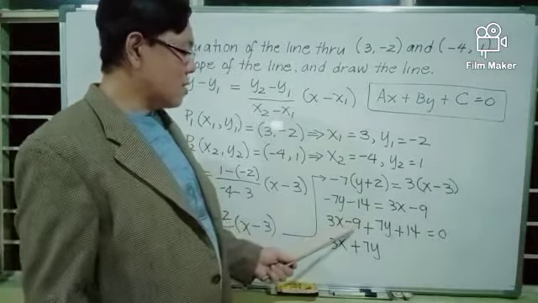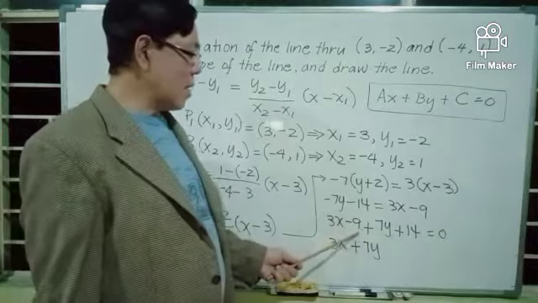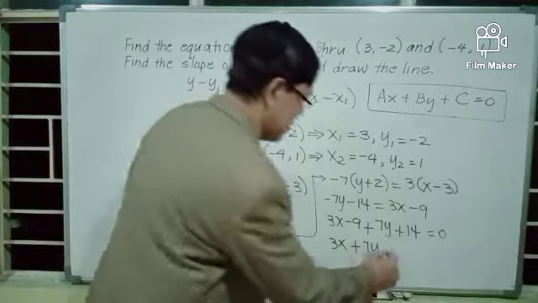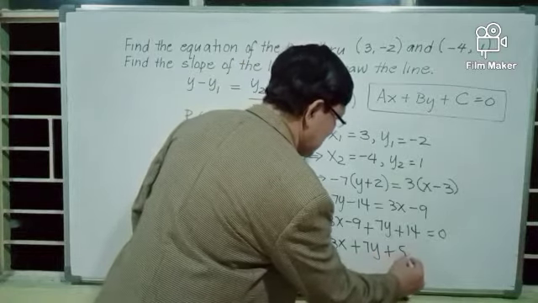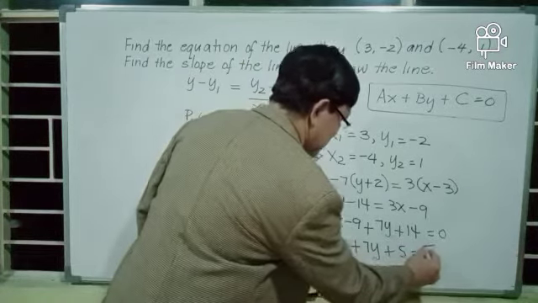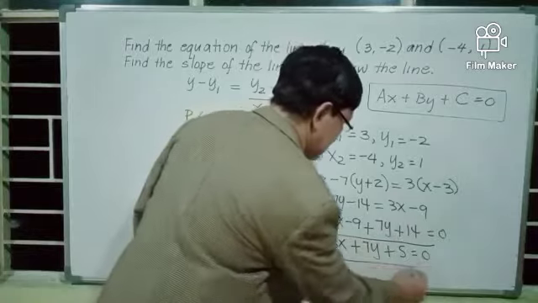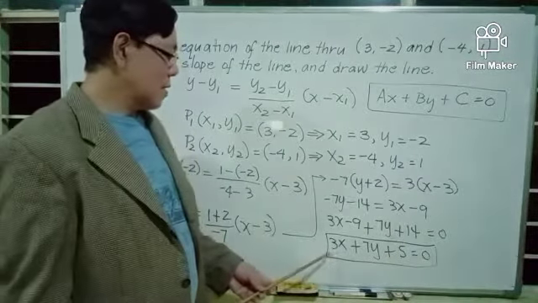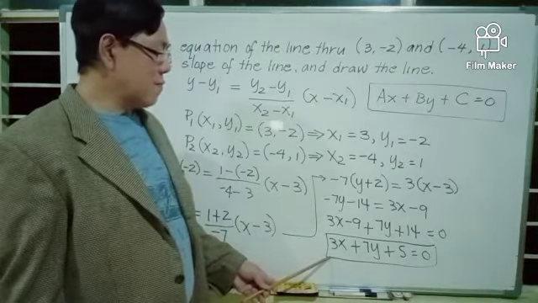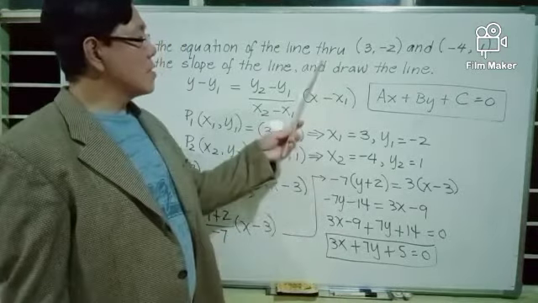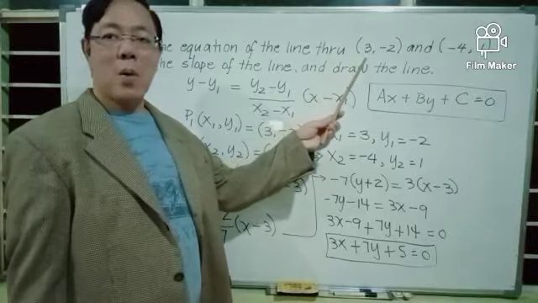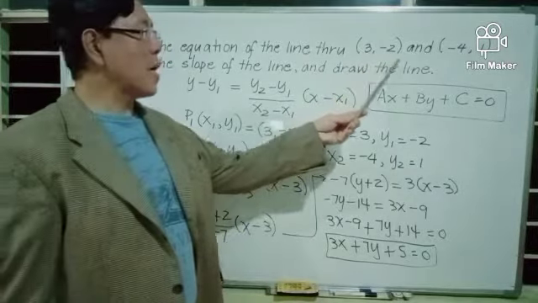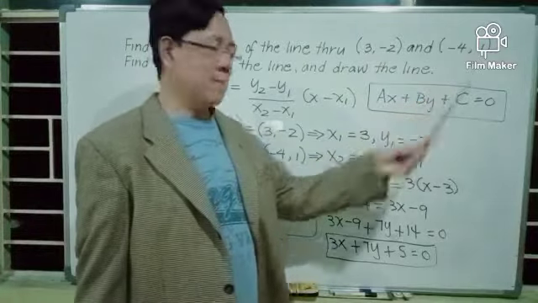We combine the constants here: negative 9 plus 14 is 5. Equals 0. This is the equation of the line that passes through the points 3, negative 2, and negative 4, 1.